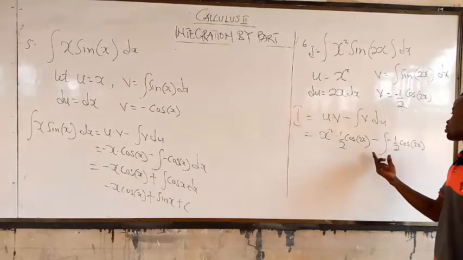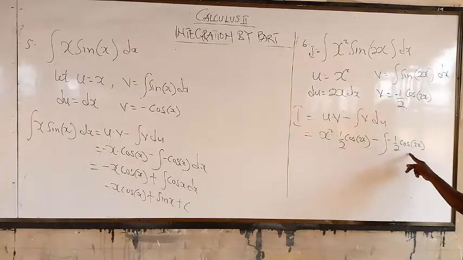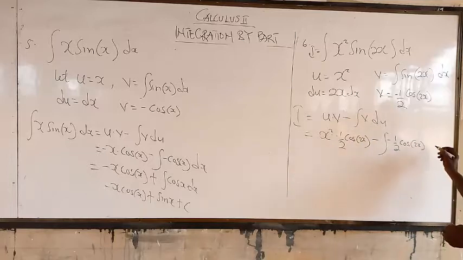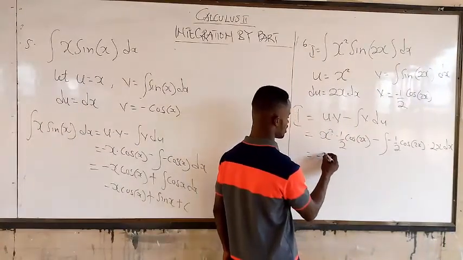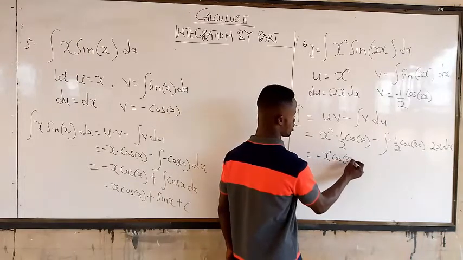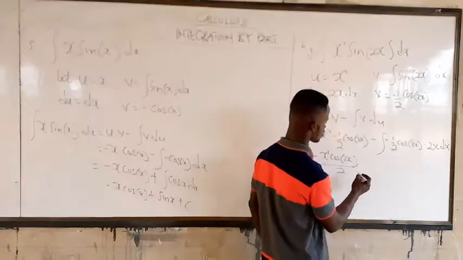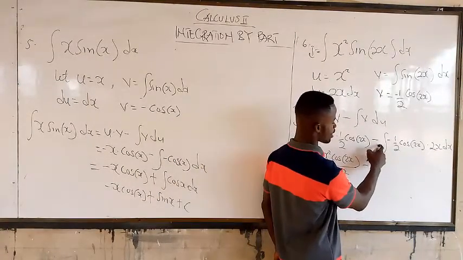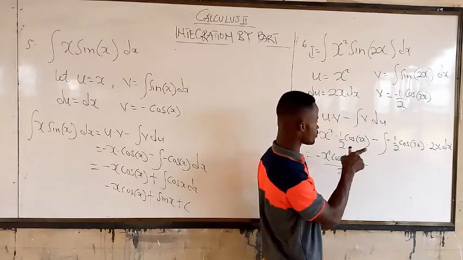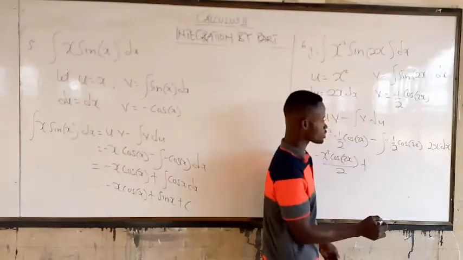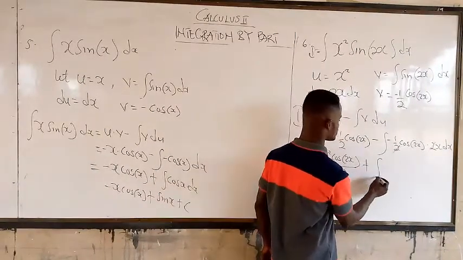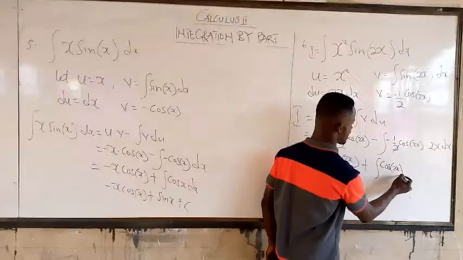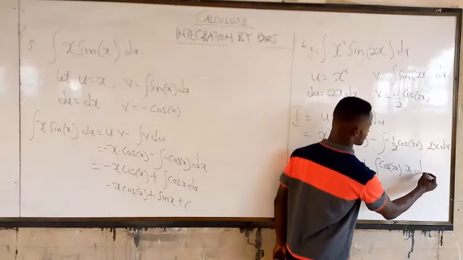Don't forget that what comes here is the same as what comes here, negative half cos 2s. Then du is what? 2s ds. Therefore, we get negative s squared cos 2s all over 2, minus negative. Don't forget that this negative affects the whole of the inside. So negative here gives positive. And the constant here can cancel this. So we get the integral of cos 2s multiplied by s ds.